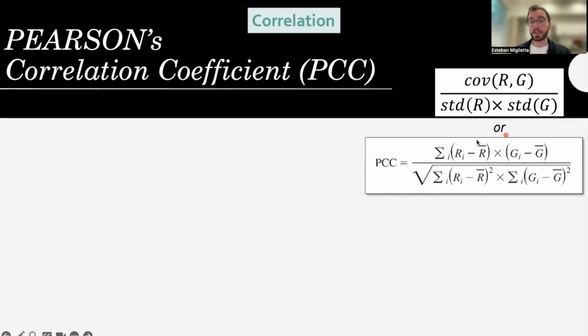Another way of expressing this same equation is saying that PCC equals the sum, for each pixel in the image, of the red intensity for that pixel minus the mean red intensity for the whole picture, times the green intensity for that pixel minus the mean green intensity for the whole image, divided by the product of the sum of squares of each pixel's intensity minus the mean.